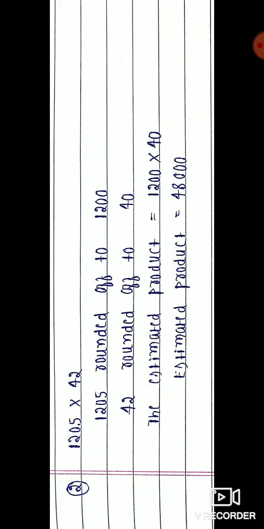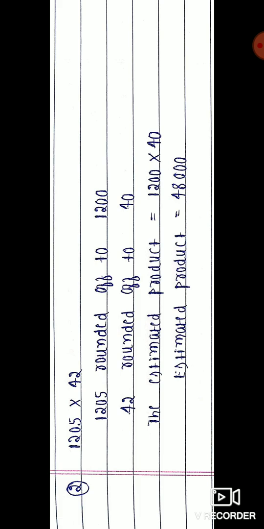Therefore write 42 rounded off to 40. Then you will get the rounded off value in terms of hundreds as 1200, while the rounded off value in tens in place of 42 is 40. Therefore you will get 1200 into 40.